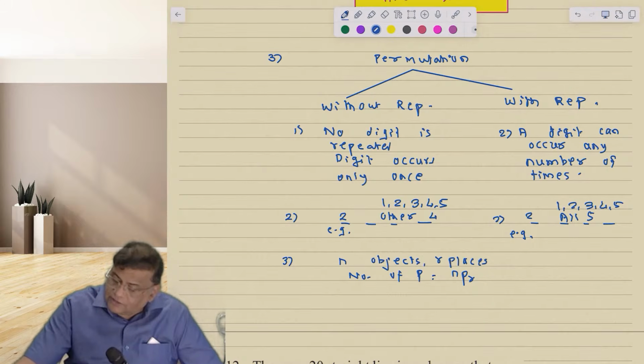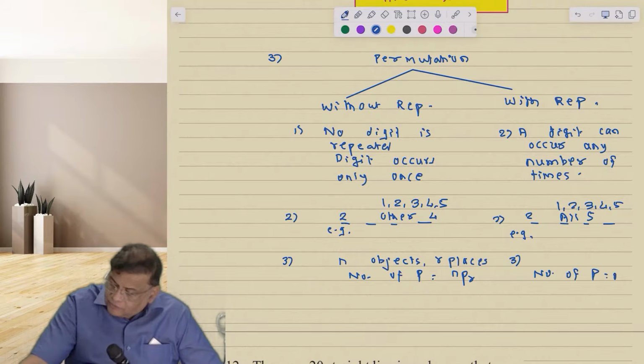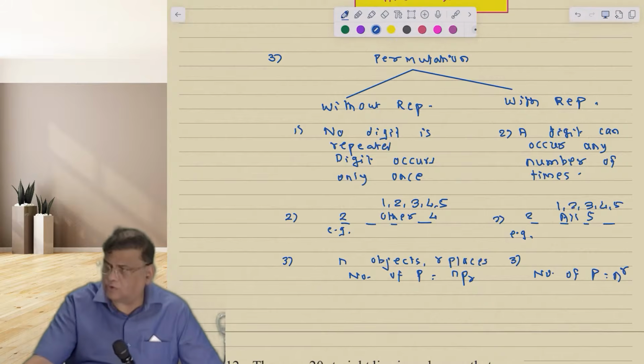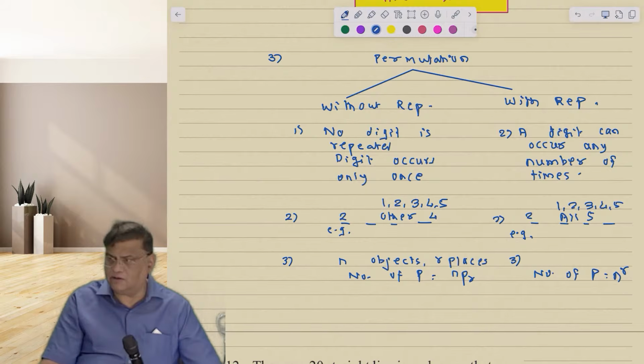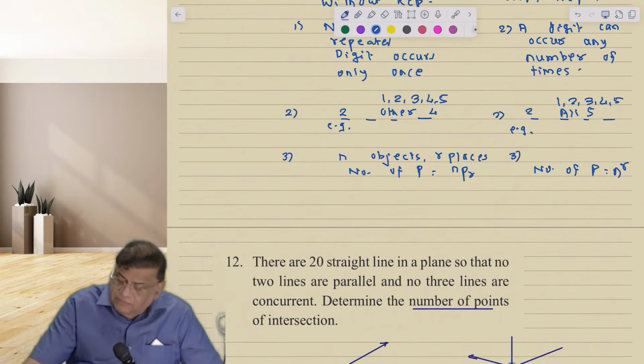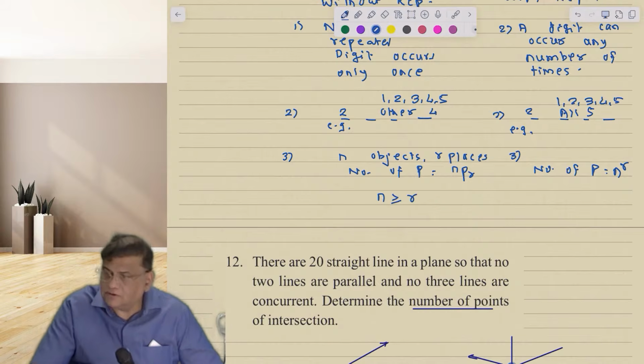Whereas the number of permutations with repetition is equal to n raised to r. It is nPr here and n raised to r there. But remember, whenever I say nPr, n must be greater than or equal to r. In short, जो बड़ा नंबर है वो पहले लिखना है.